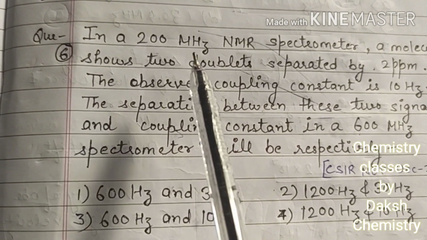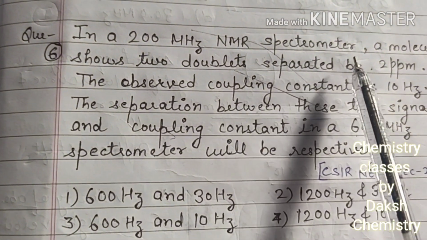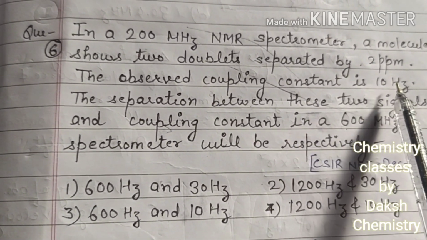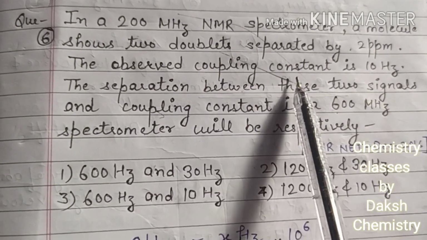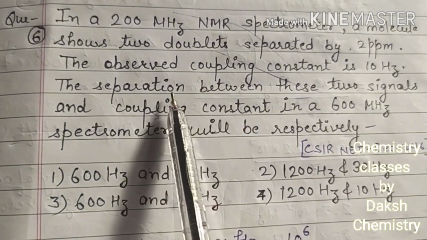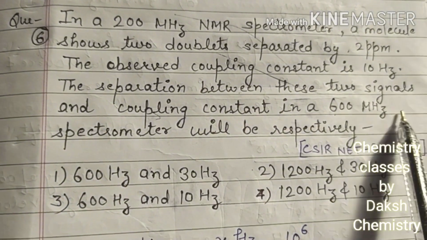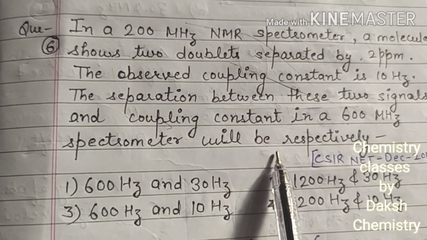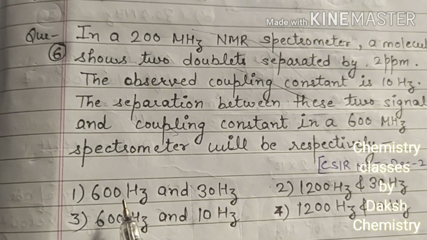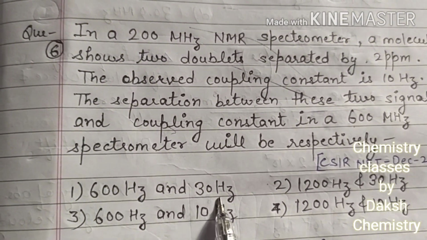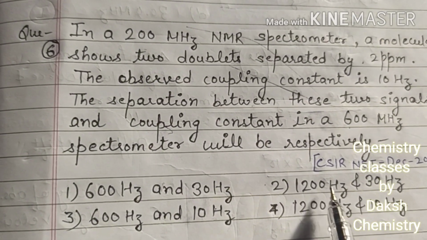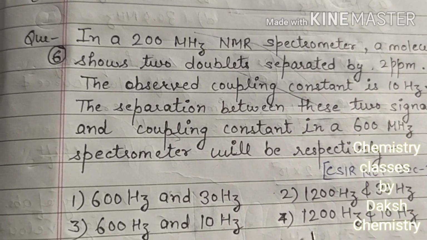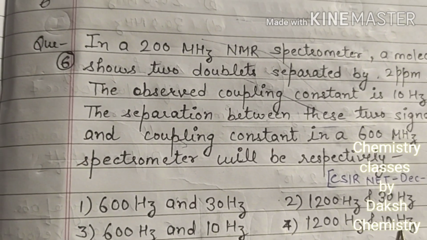Next question: in a 200 MHz NMR spectrometer, a molecule shows two doublets separated by 2 ppm. The observed coupling constant is 10 Hz. The separation between these two signals and the coupling constant in a 600 MHz spectrometer will be, respectively: first option 600 Hz and 30 Hz, second 1200 Hz and 30 Hz, third 600 Hz and 10 Hz, last one 1200 Hz and 10 Hz.